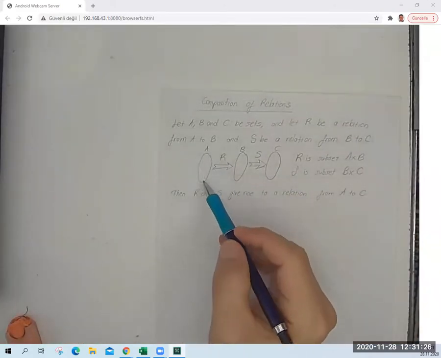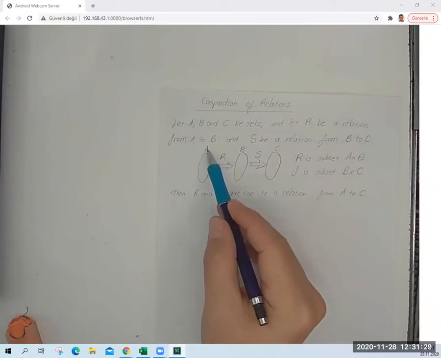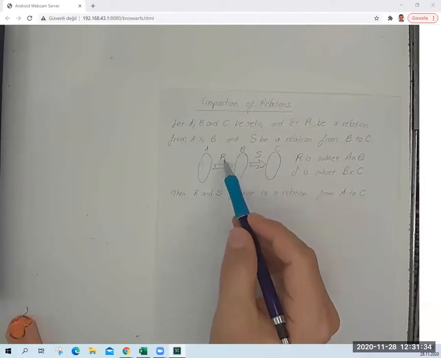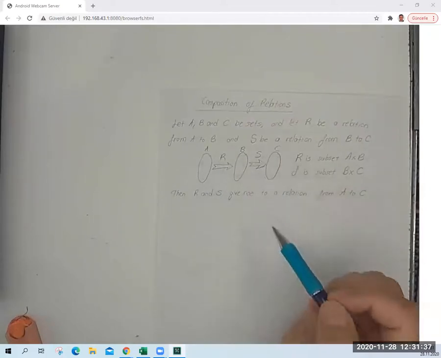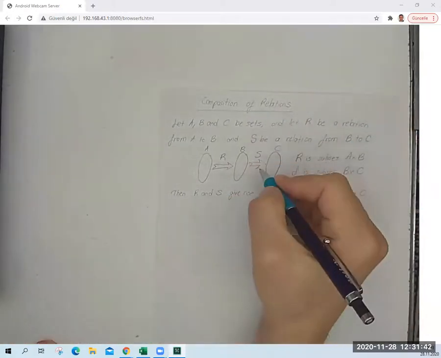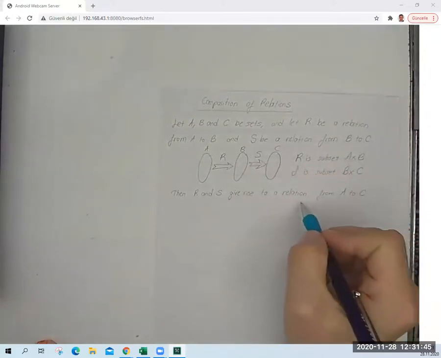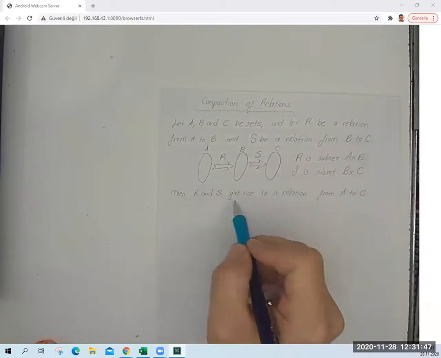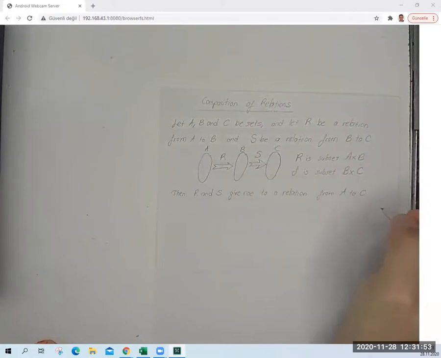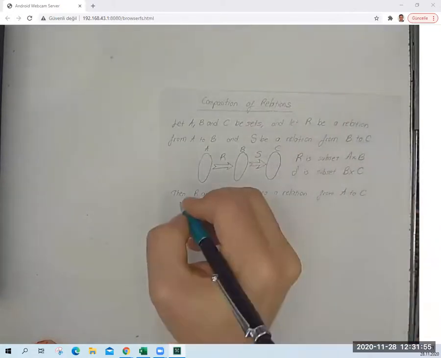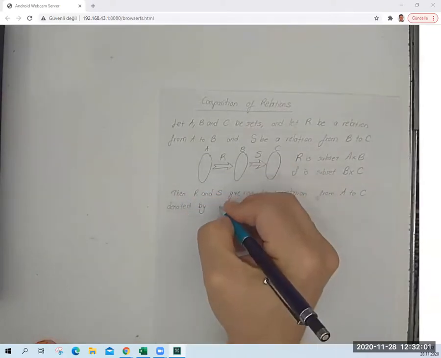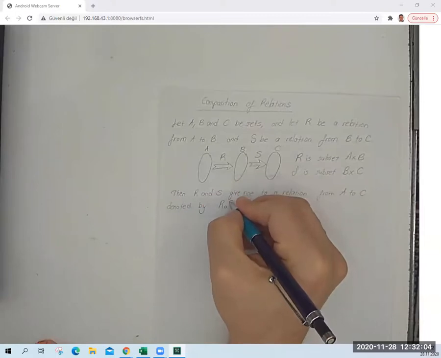Because I'm starting from set A going to set B with relation R, and S is carrying my relation from set B to C. So finally I come with the relations S and R from A to C. So I will denote that by R composition S.